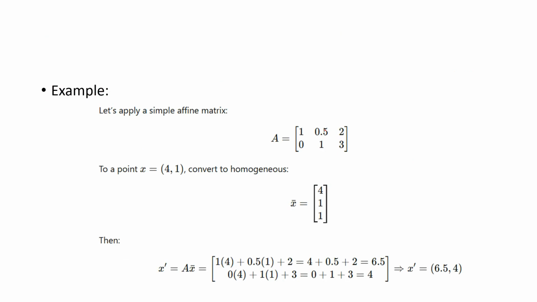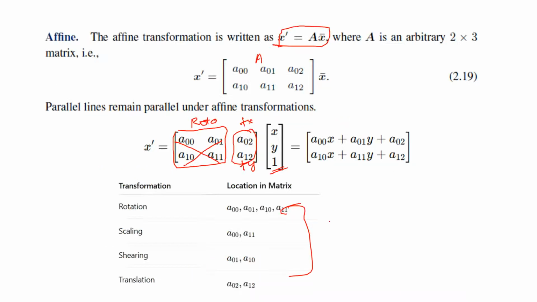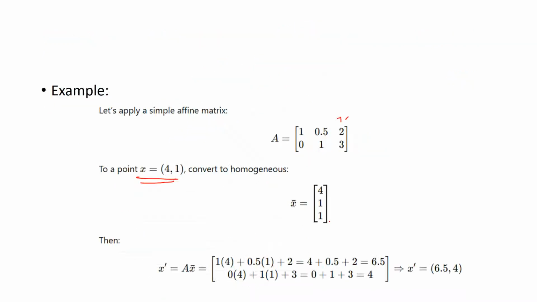So I'm going to take an affine matrix: 1, 1, 0, 0.5, 2, 3. This represents the translation. The 1, 0.5, 0, 1 block represents the rotation, and this represents scaling. The 0 and 0.5 represent shearing. I'm going to convert the point (4, 1) into 4, 1 and 1. On applying the affine transformation, I am getting the value 6.5, 1, 4.